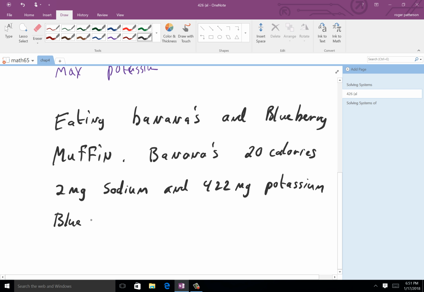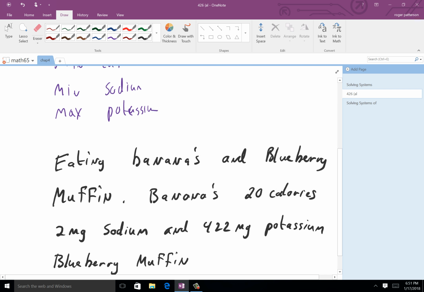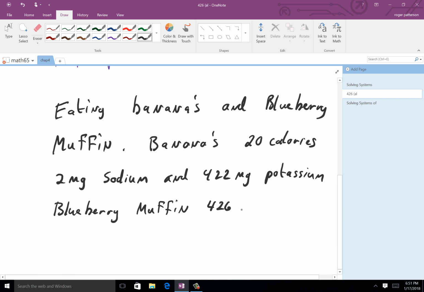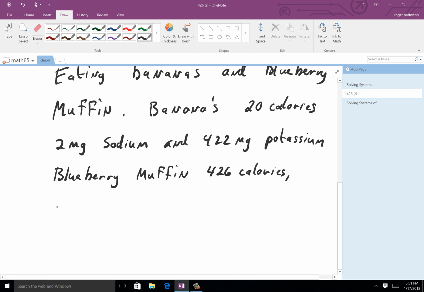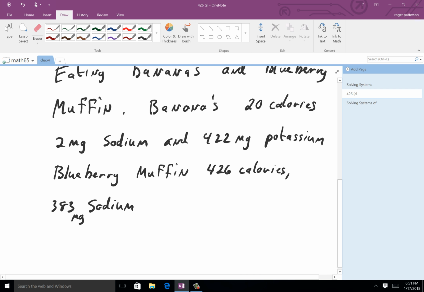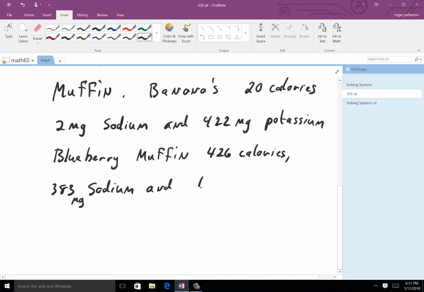The blueberry muffins have 426 calories, and 383 milligrams of sodium, and 130 milligrams of potassium.